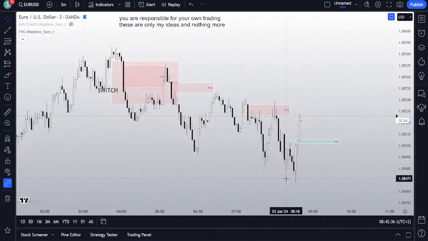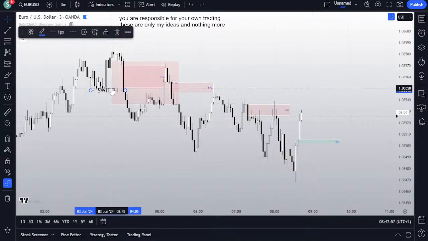We went down, so we should have power here. We need to close above it to defeat this, right? Or we could get a retrace signal to go short once more. Who knows, right?